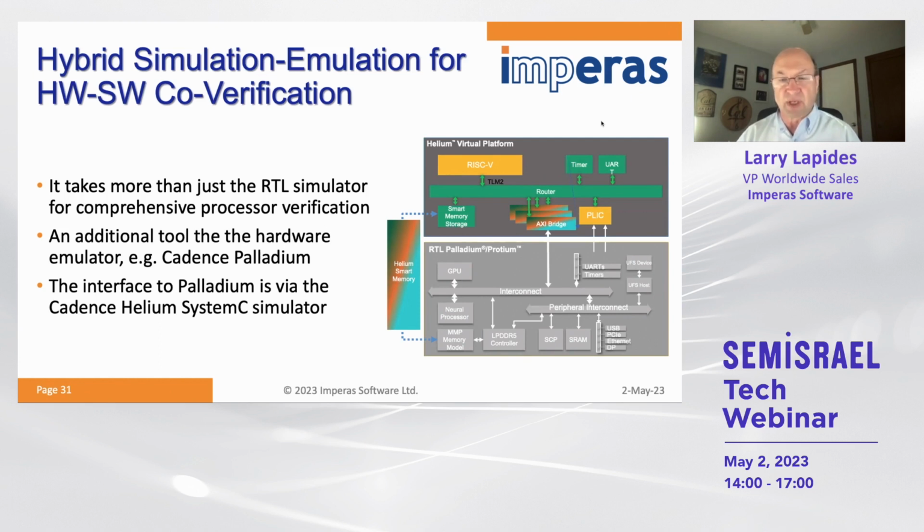That's where tools like Palladium or Protium from Cadence come in, or similar tools from Synopsys or Veloce. Here we're showing Cadence. We actually have an OEM relationship with Cadence so that you can get Imperas RISC-V models and simulators directly from Cadence. So there's the virtual platform in the Cadence Helium environment connected to the Palladium or Protium FPGA prototyping tool or hardware emulator.